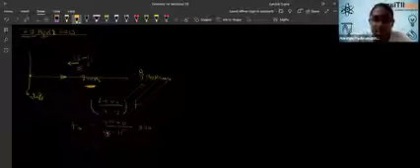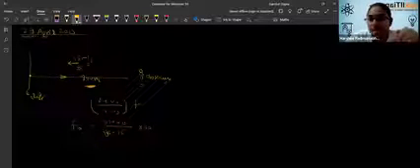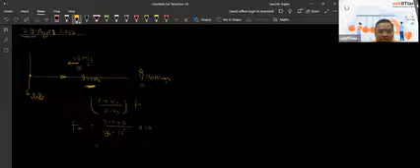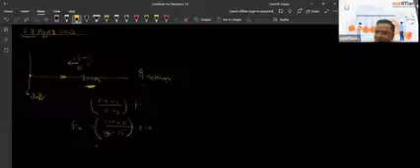Sir, there was another type of question with the same setup, but in the end it asked for the frequency observed by the driver itself. So the observer changes to the driver. This is the frequency that is reaching the cliff.